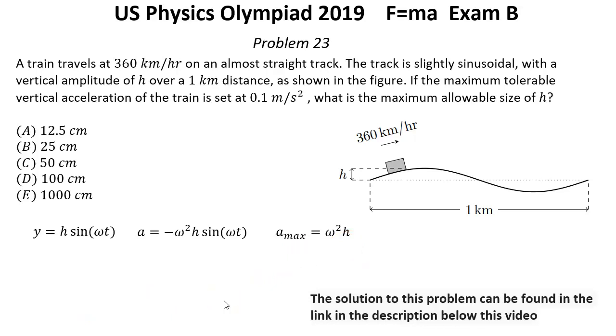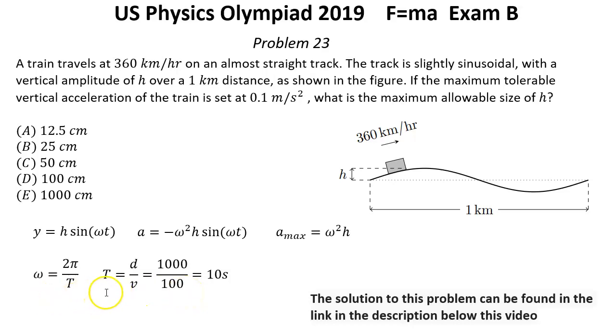To find omega, we have to find the total period, which is the time for the train to travel 1 kilometer. Omega equals 2 pi over T, and T equals distance over speed. Speed we have to translate to meters per second, which is 100.